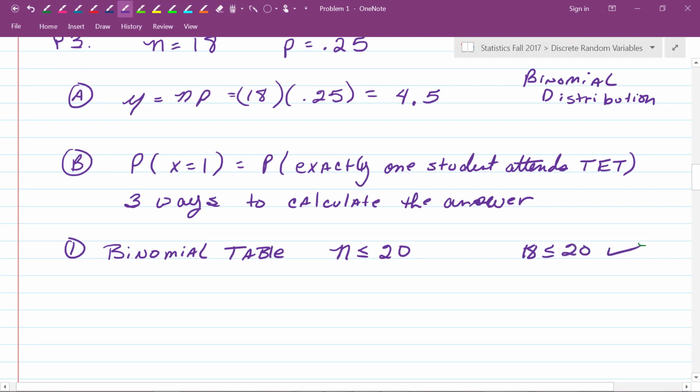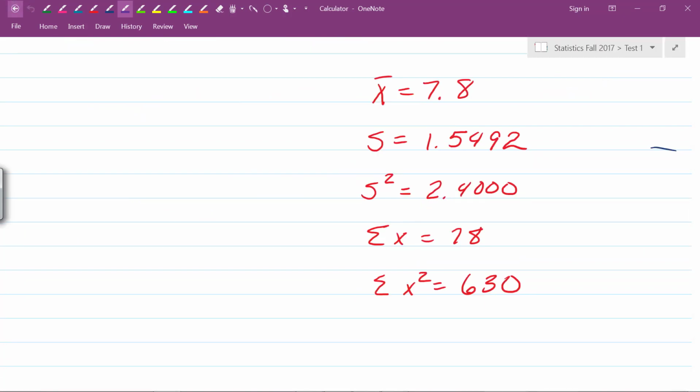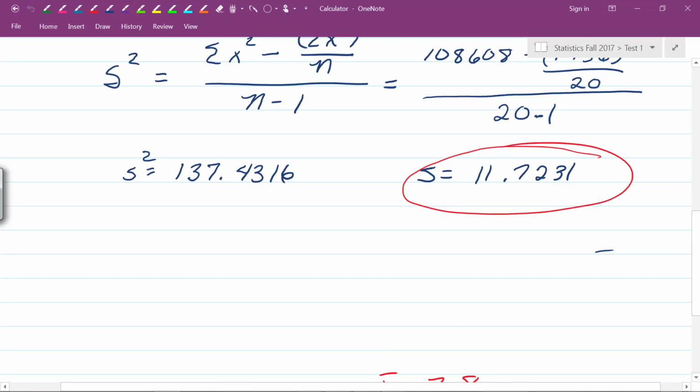The next thing we have to make sure is that our probability is a multiple of 5%, and 25% is obviously a multiple of 5%.